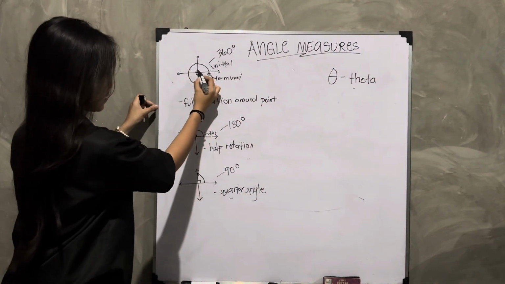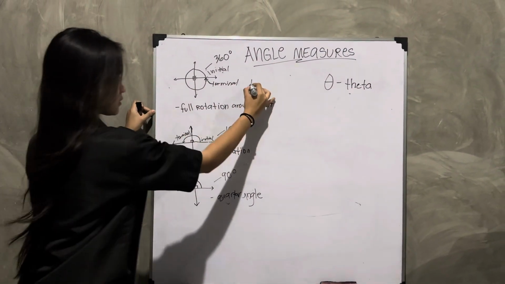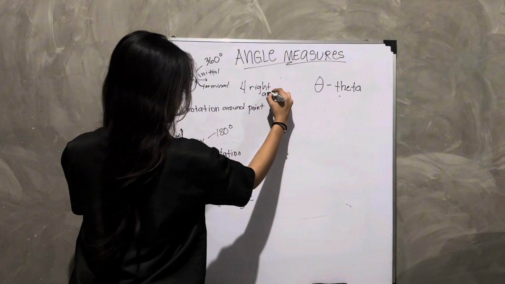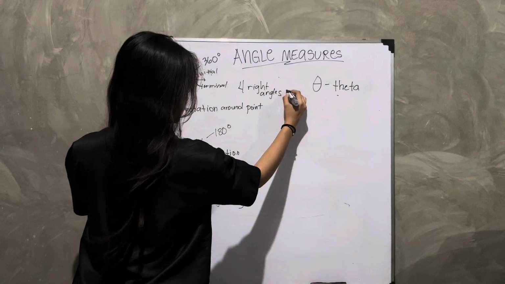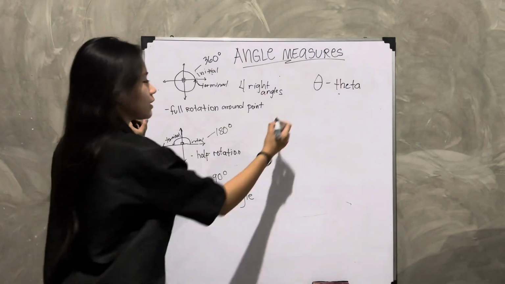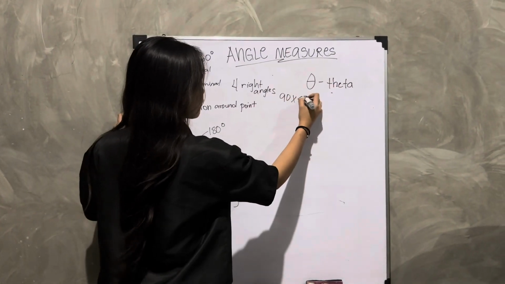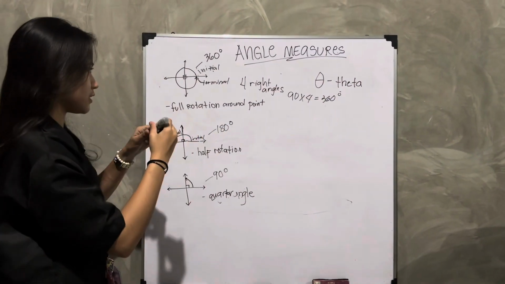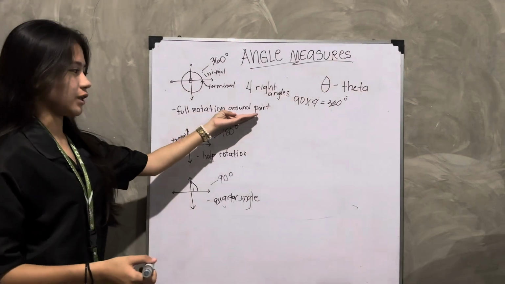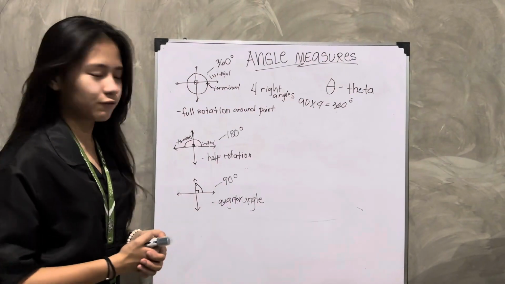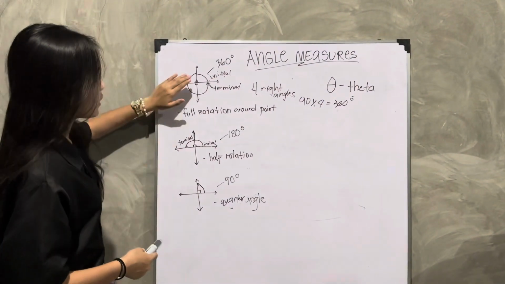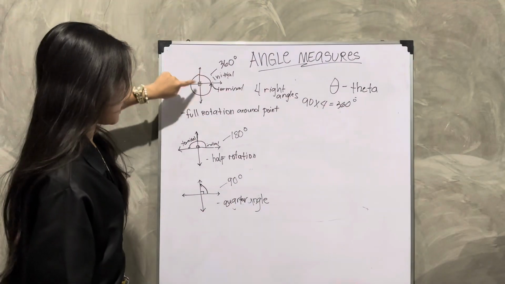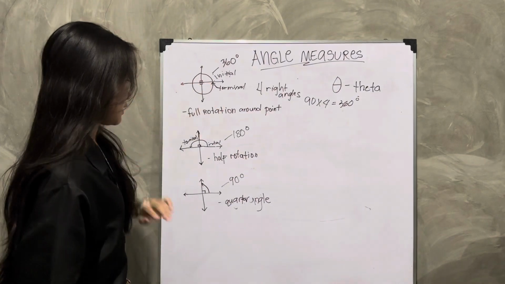This one consists of 4 right angles, which are equal to 90 each, that's why 90 times 4 is equal to 360 degrees. 360 degrees would be a full rotation around the point, or what we call a revolution. Here, this is the initial side, the starting point of the ray, and here is the terminal side.